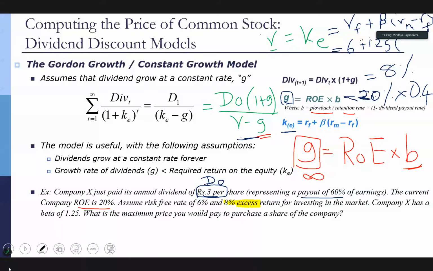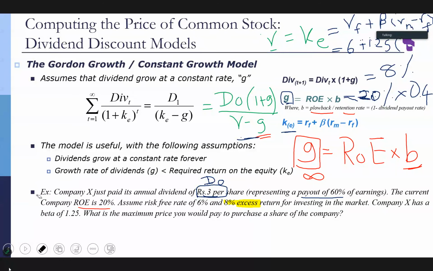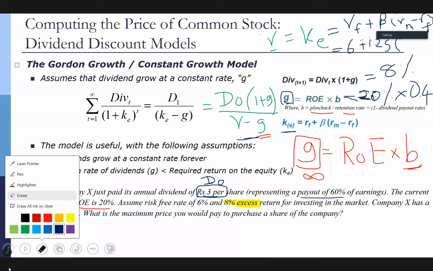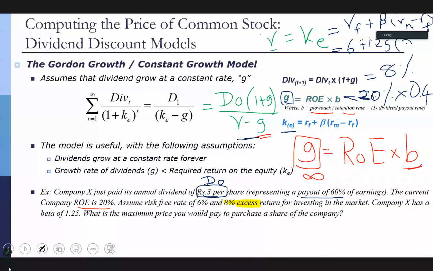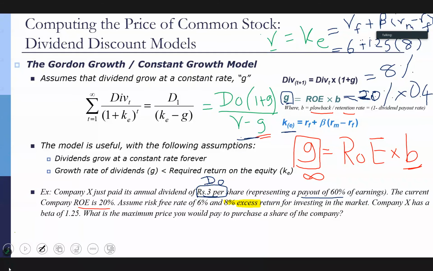So 8% implies, okay. So the answer is 16%. So now I know that G is 8% and K is 16%.